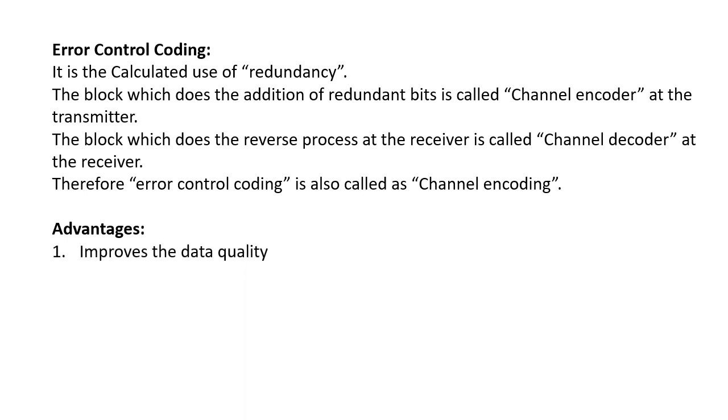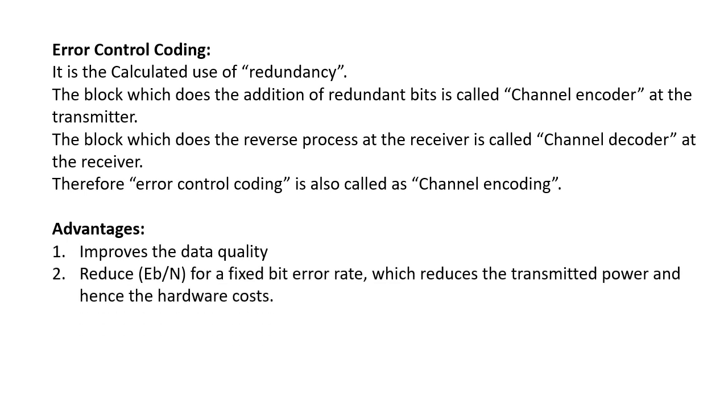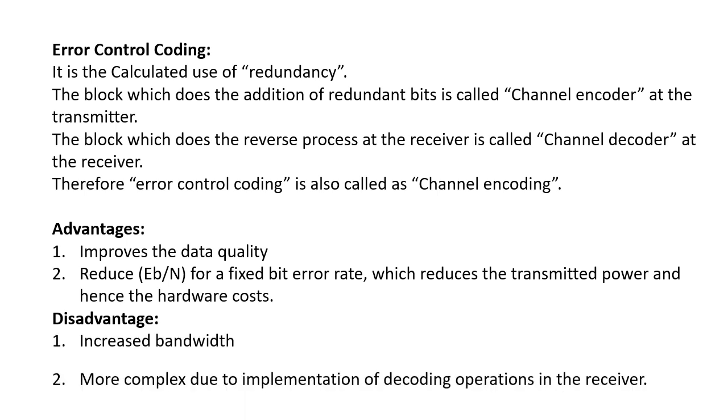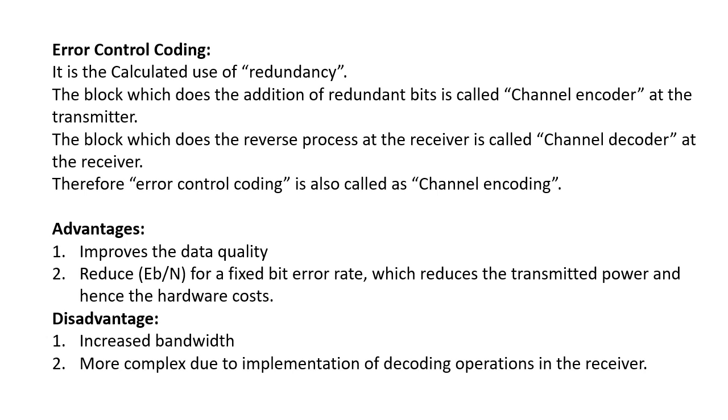The advantages are, first, it improves the data quality. Second, it reduces the Eb/N0 for a fixed bit error rate, which reduces the transmitted power and hence the hardware cost. The drawbacks or disadvantages are that it increases the bandwidth and is more complex due to the implementation of the decoding operation in the receiver.